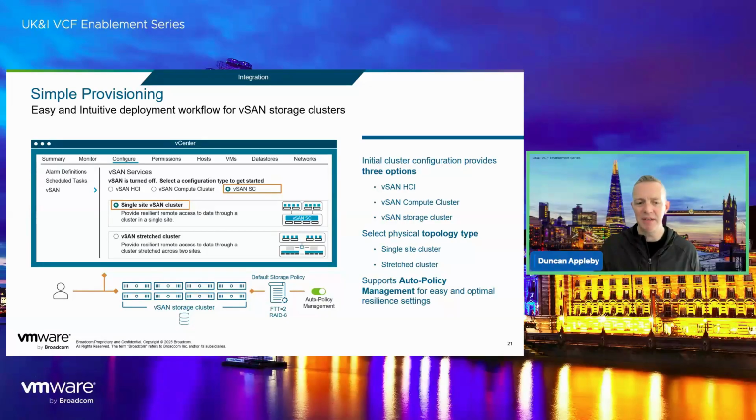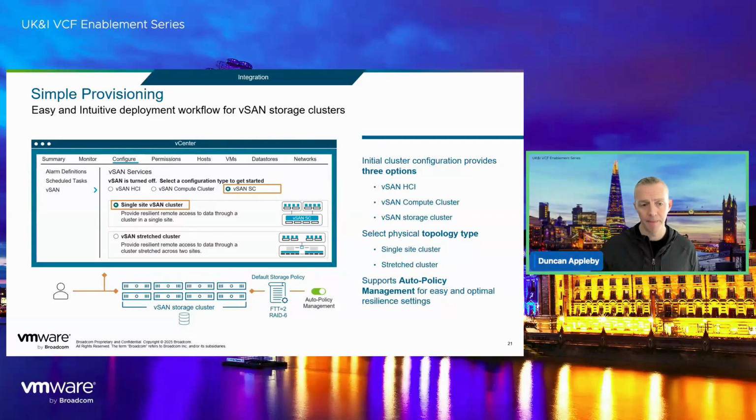RAID 6 and FTT equals 2, so failures to tolerate equals 2. We can provide much more efficient ways of storing data at a high level of protection. And so vSAN will alter its default storage policy to ensure that it takes advantage of those extra nodes inside the cluster. It's just one of those steps that really lowers the administration overheads for administrators of vSphere and VCF environments.